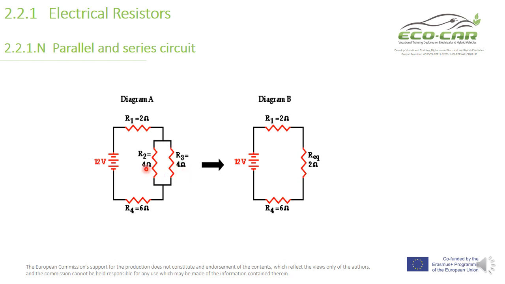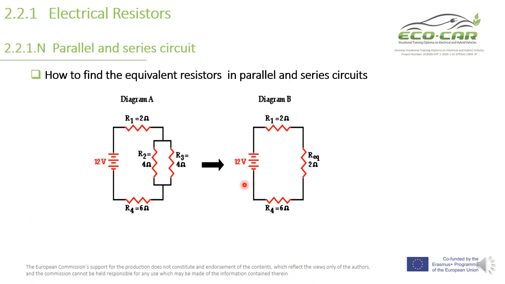We have 4 by 4 divided by the sum, which is 8, so we have an equivalent of 2 ohms. So we have a series circuit instead of the series and parallel circuit: 2 ohms, 2 ohms, 6 ohms.